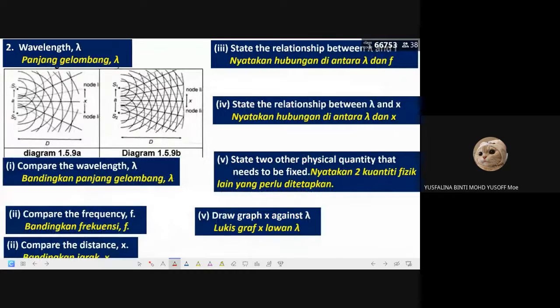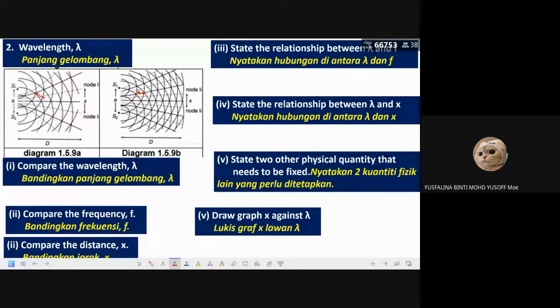And then the next one, we try to investigate the effect of the wavelength on the interference of wave. The first one, you have to compare the wavelength. Here we take from here, so crest to crest.